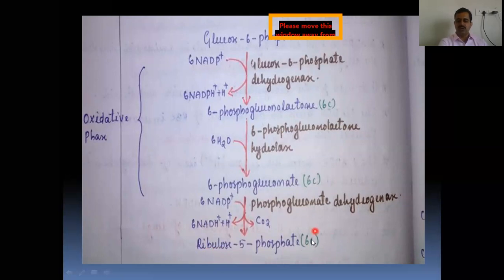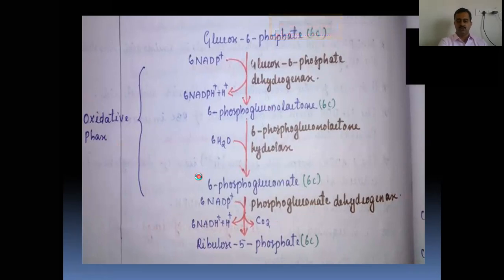So this is the oxidative phase. There are 4 different reactions, 1, 2, 3 and 4, but this is all oxidative. It means it works in the presence of oxygen.